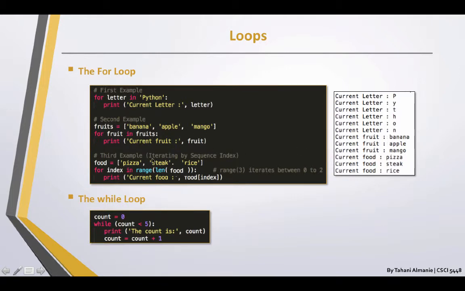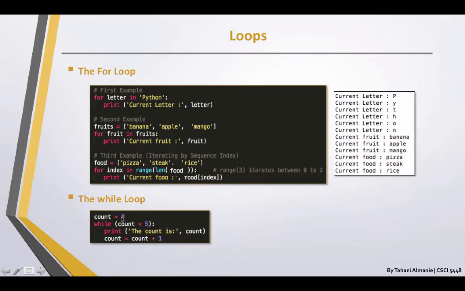You can also iterate through the sequence index. As you can see here, len of food is 3, so range will be between 0 and 2. So for each index from 0 to 2, print the food at that index.